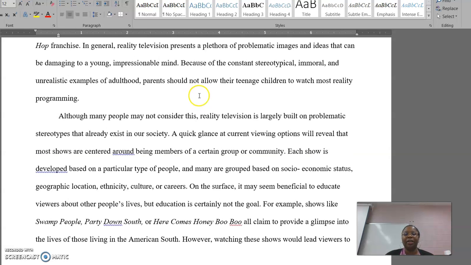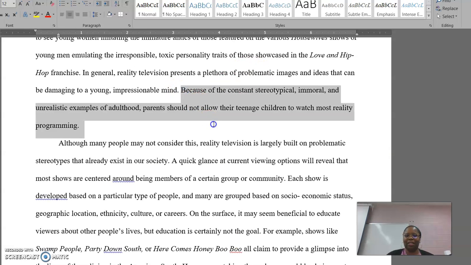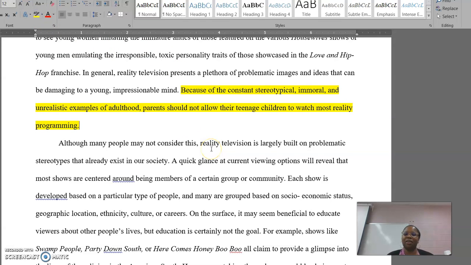Here, this writer's thesis statement, and I just want to point this out because several of your papers do need revision in regards to the thesis statement. Here the writer says, "Because of the constant stereotypical, immoral, and unrealistic examples of adulthood, parents should not allow their teenage children to watch most reality TV shows."